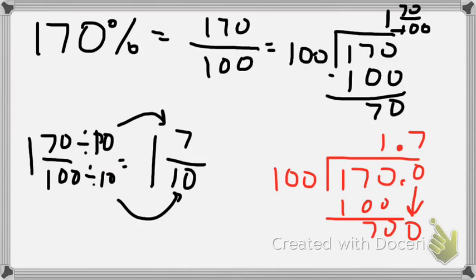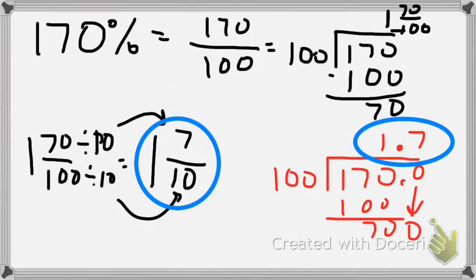So I have 170%, I have that as a fraction, and I have it as a decimal. Now this one reads as 1 7/10, which you could change to 1.7.